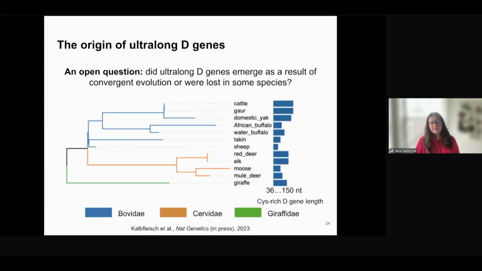Recently, with the ruminant telomere to telomere consortium, we started looking at other ruminant species, and we found that this cysteine-assisted diversity is a feature of other ruminants as well. We can see it in some deers, in giraffes, and for some reason we don't see it in such ruminants as sheep, goat, okapi, and also again in some deers.